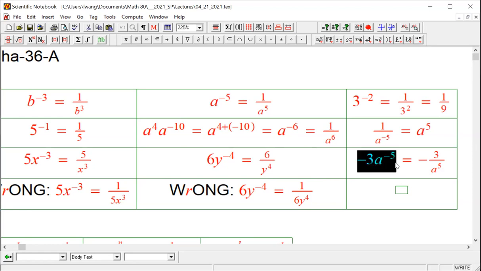One of the wrongs is that people will turn this into, I forgot exactly the mistake, but this is certainly wrong. Don't do this. The negative sign can be in the front. It's all wrong. So these are the wrongs.